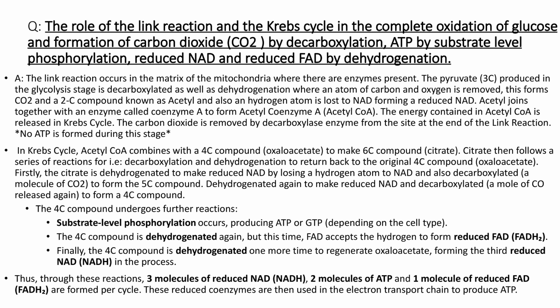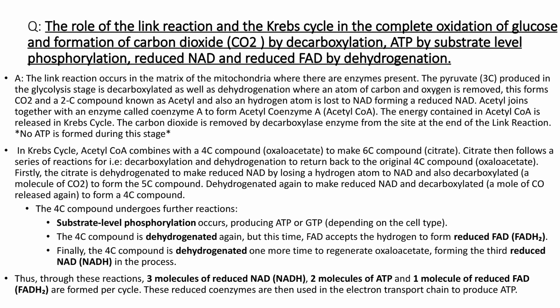Thus, through these reactions, 3 molecules of reduced NAD, 1 molecule of ATP, and 1 molecule of reduced FAD are formed per cycle. These reduced coenzymes are then used in the electron transport chain to produce ATP. Also, remember that this step is occurring twice.